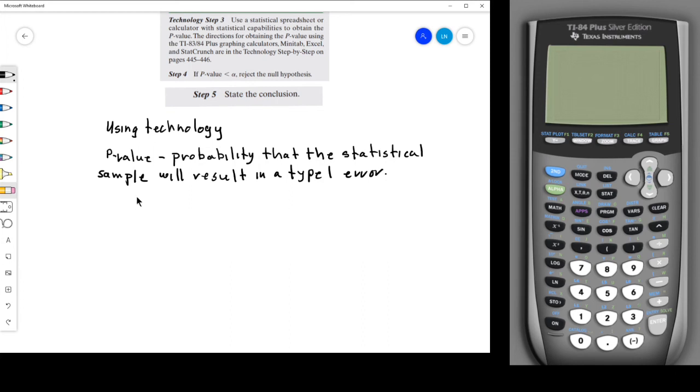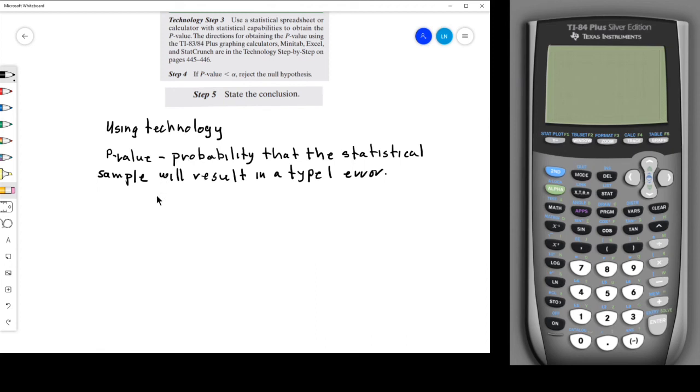Because what we're saying in that case, and that's what this says up here, is if the p-value is less than the alpha value, that means our statistical sample will yield a smaller probability of making a type 1 error than we are allowing for. And that's a good thing. That means we get to reject the null hypothesis.